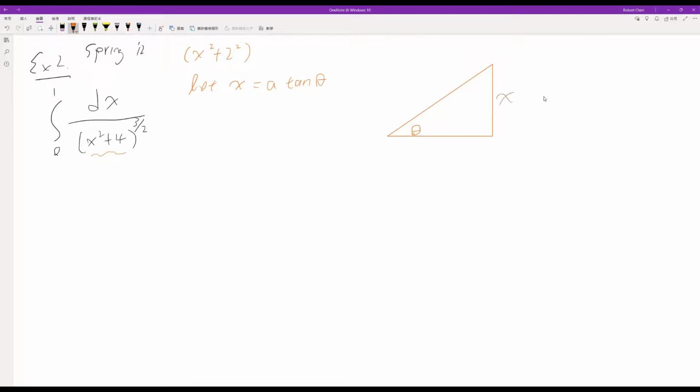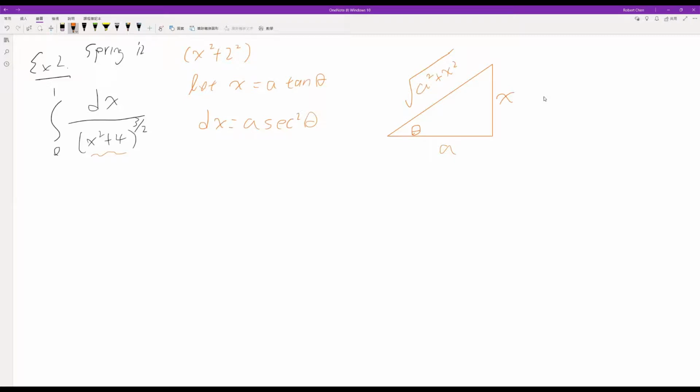So that will be x, that will be a, and the hypotenuse will be square root of a squared plus x squared, or x squared plus a squared. They're the same thing. All right, and let's move on. So dx will be a secant squared theta. Now, for this, I'm going to be using the triangle method instead of changing the bounds.